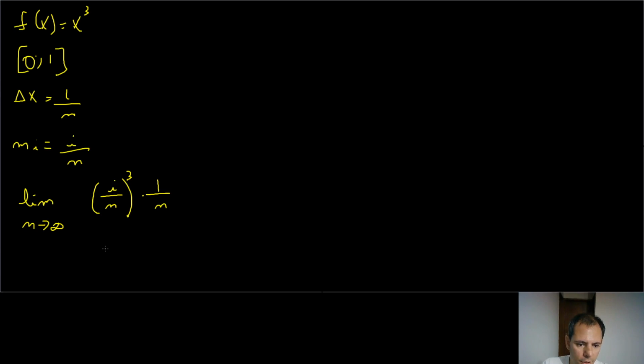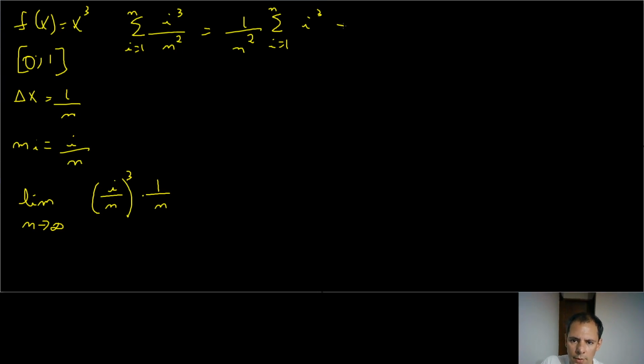So what do you have in here? You have i cubed divided by n to the 4th, and you want to do the summation of this from i equals 1 all the way to n, which is the same thing as 1 divided by n to the 4th, the summation of i equals 1 all the way to n of i cubed.